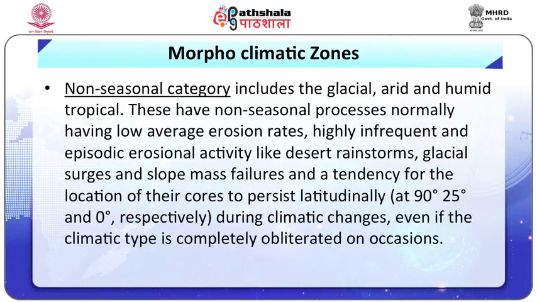These have non-seasonal processes normally having low average erosion rates, highly infrequent and episodic erosional activity like desert rainstorms, glacial surges and slope mass failures, and a tendency for the location of their cores to persist latitudinally at 90 to 25 degrees and 0 degrees respectively. During climatic changes, even if the climatic type is completely obliterated on occasions.